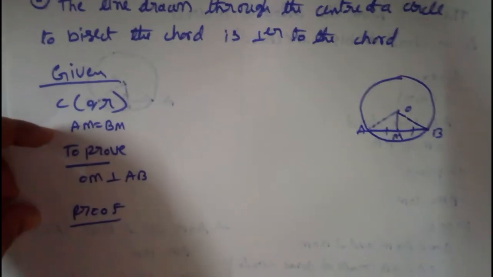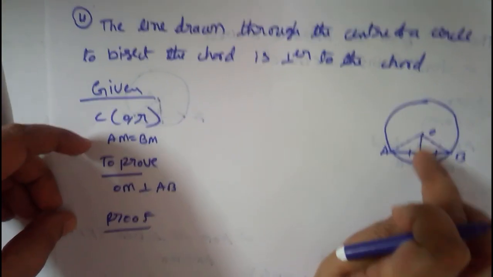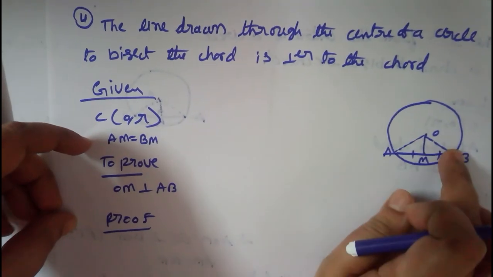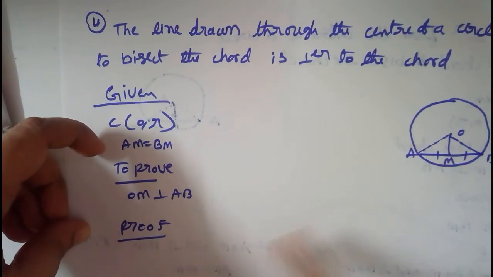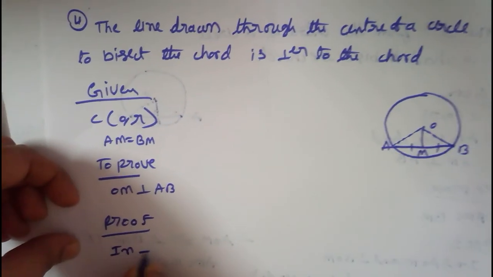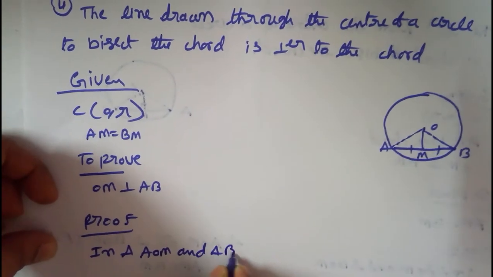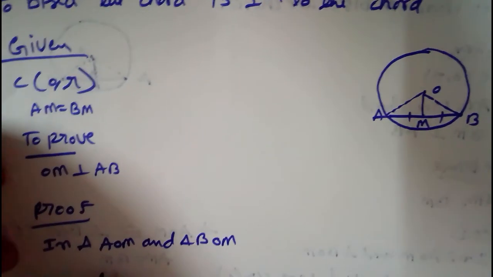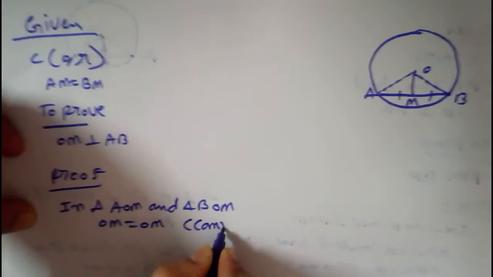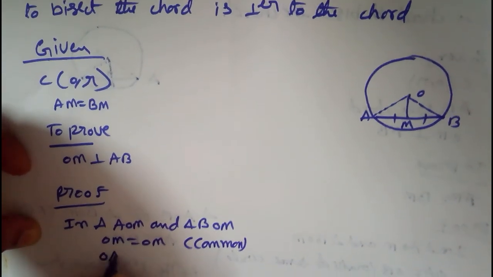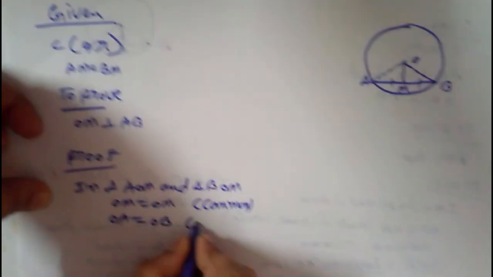What are the three equal parts? AM is equal to BM, given. OM is the common part. OA, OB are the radii of the same circle. By SSS congruency, these two triangles are congruent. So in triangle AOM and triangle BOM, OM is equal to OM, common. OA is equal to OB, radii of the same circle.